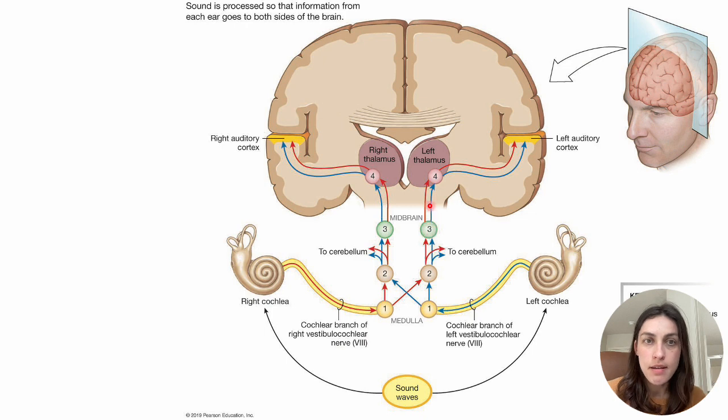And then this information will travel to the thalamus and to our auditory cortex. Okay, the auditory cortex is here in the superior part of your temporal lobe.